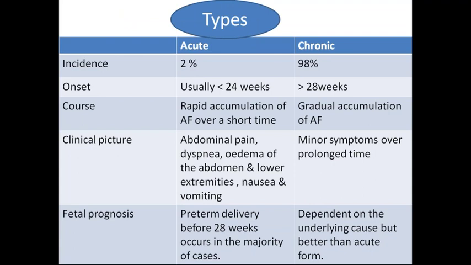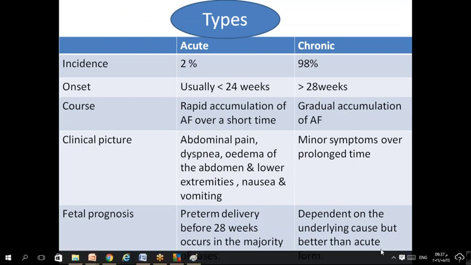There are two types of polyhydramnios actually. We can rarely see the acute type, with rapid accumulation of amniotic fluid, severe abdominal enlargement, and edema of the abdomen, and this most probably ends with preterm labor.